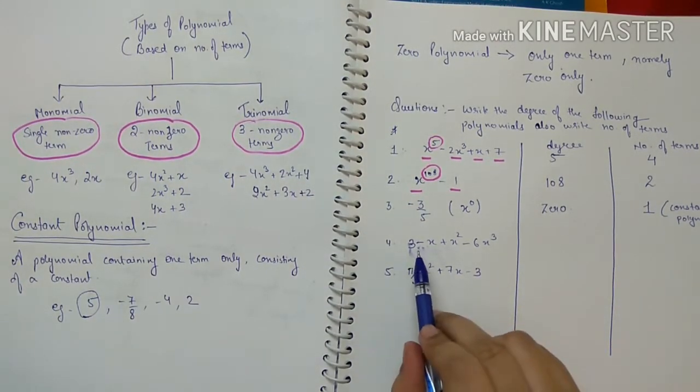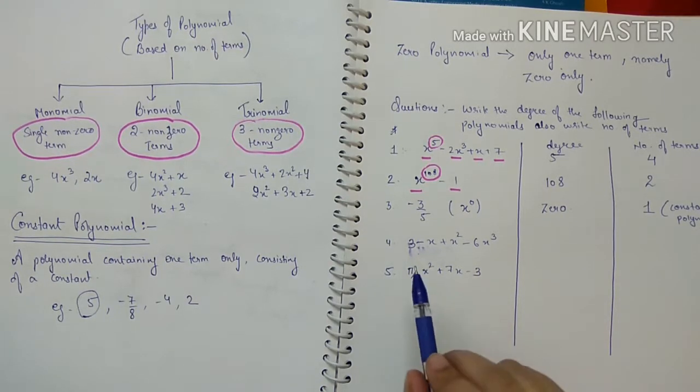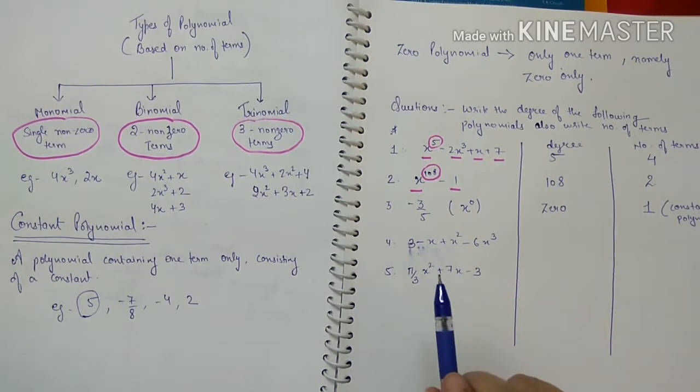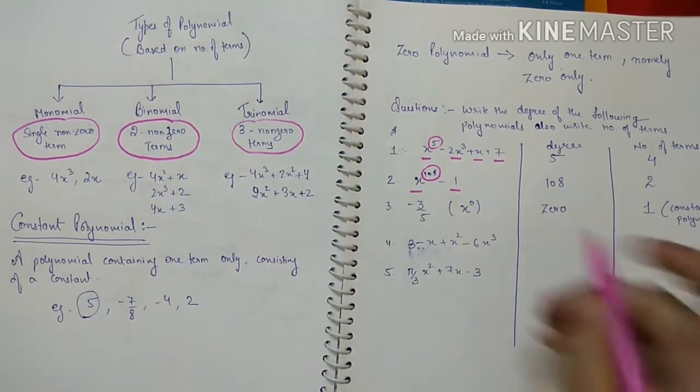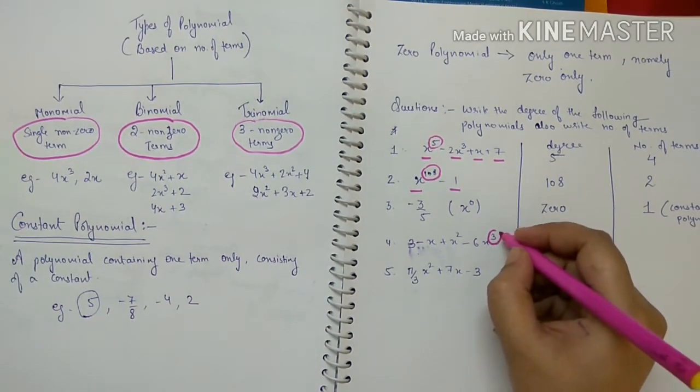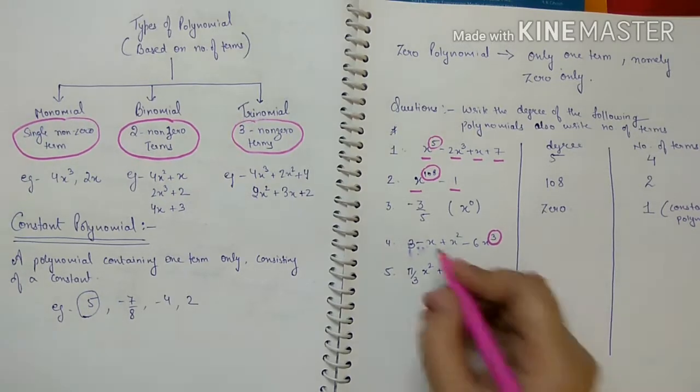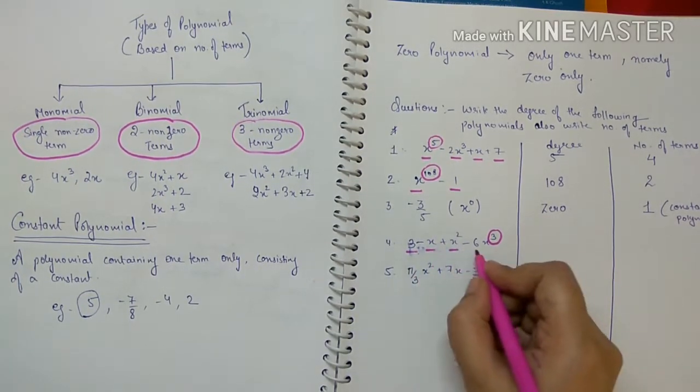In the fourth example, you can see the terms are not written in the decreasing order of the powers of the variable. So you have to see which term has the highest power. Here minus 6x cube, 3 is the highest power, and the number of terms is 1, 2, 3 and 4.